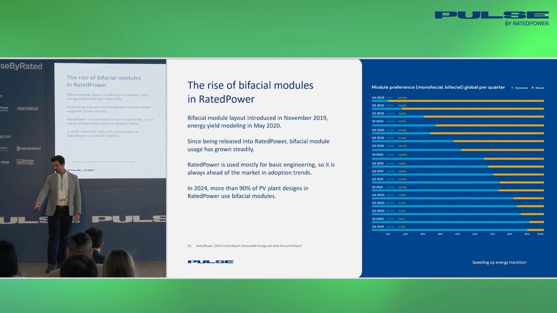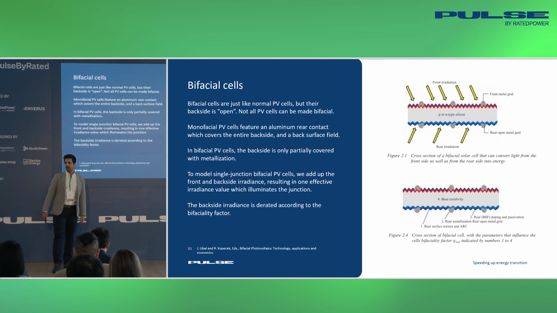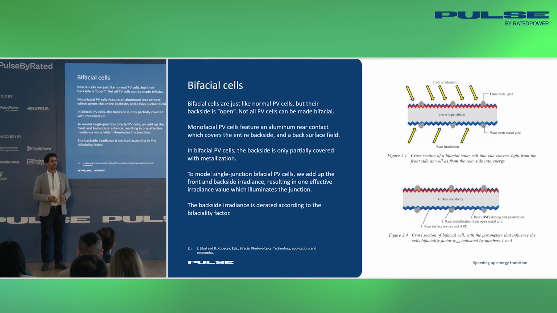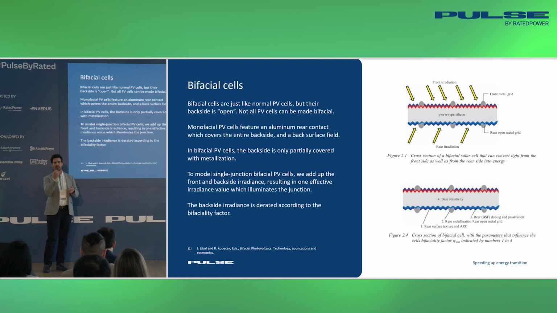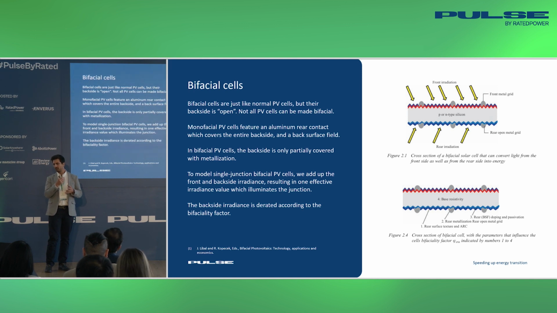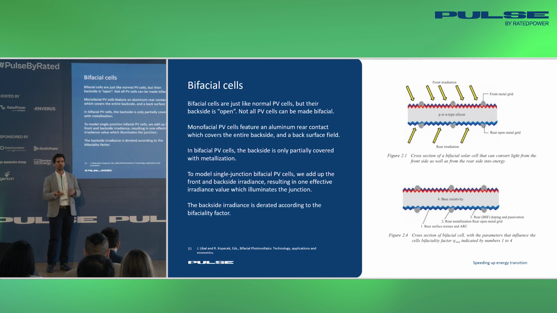Let's see. There. So bifacial cells themselves are not really that different from ordinary PV cells. Essentially, we remove the back part, the back face of monofacial PV cells, right? What's interesting is that there was a time where this wasn't so easy to do due to the technology of the time.